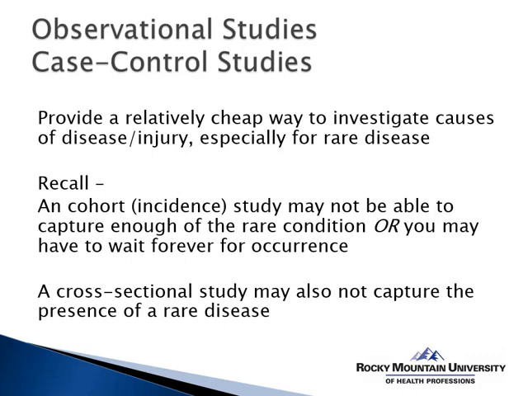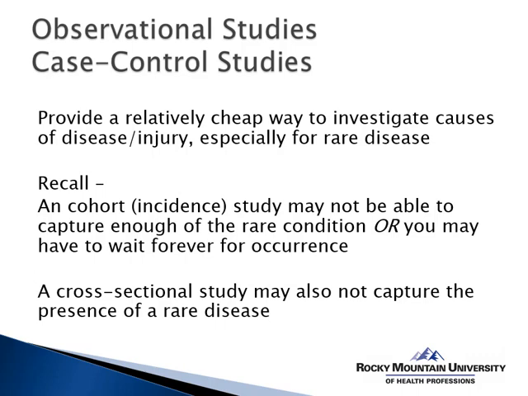Case control studies. So now looking at, not cohort yet, but we're going to be comparing a couple different cohorts. These provide a relatively cheap way to investigate causes of disease or injury, especially for a rare disease.